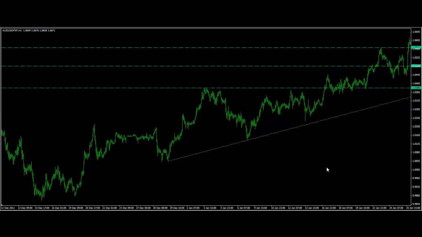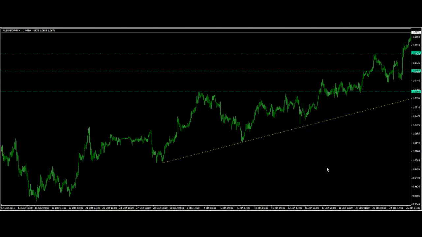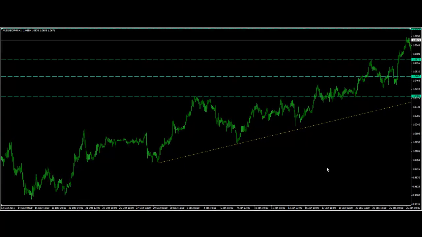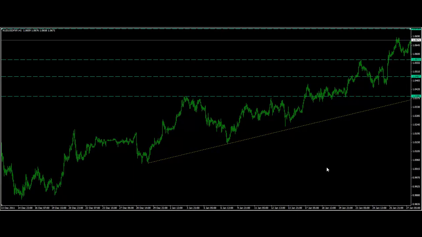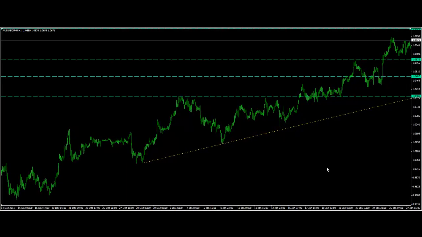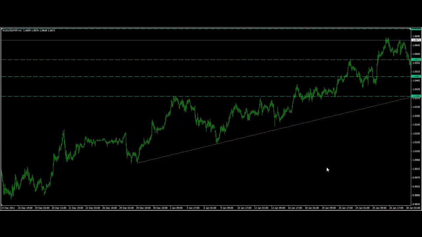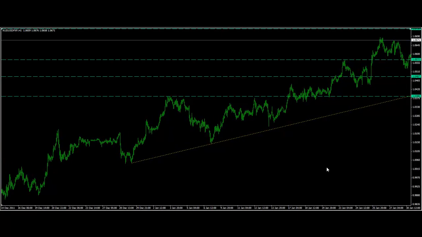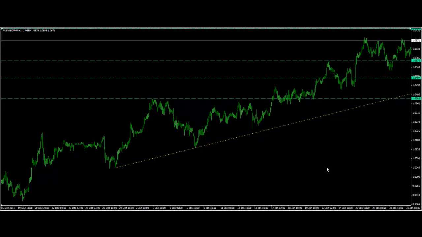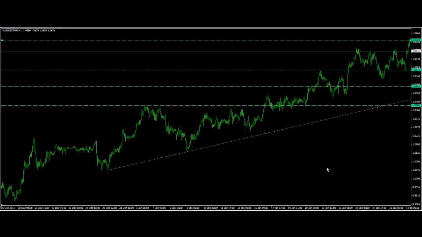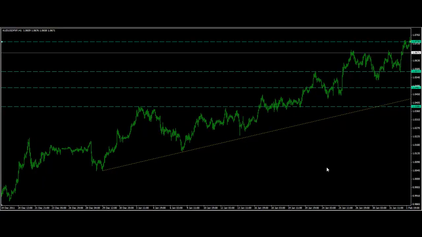And the third level, being just a little bit above us now, was met right there.